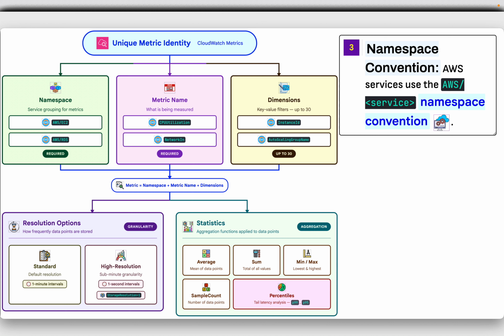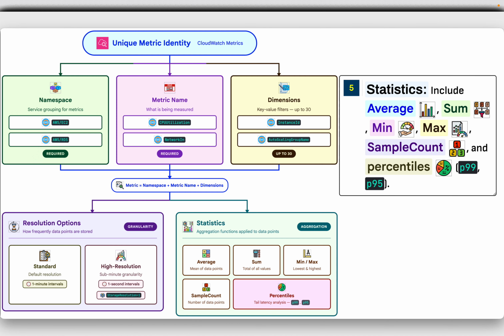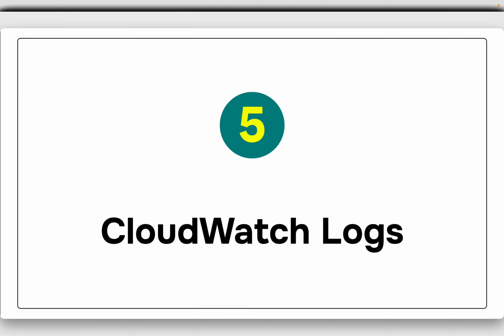Standard resolution is 1 minute. High-resolution custom metrics support 1-second granularity via StorageResolution equal to 1 in the PutMetricData call. Statistics include average, sum, min, max, sample count, and percentiles such as P99 and P95.